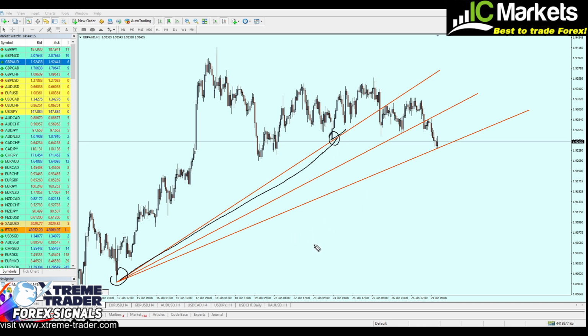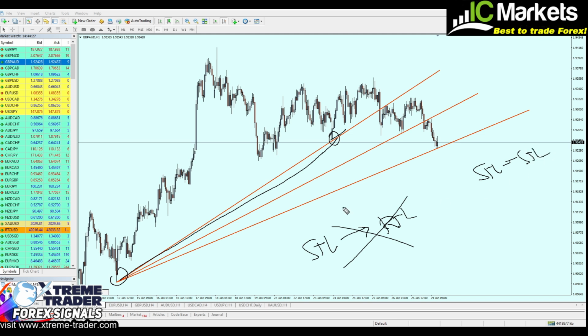We should never connect a support trend line to a resistance trend line. That is wrong. That's a wrong logic. You cannot do that. You have to always connect the support trend lines to each other. That's the reason I had to connect this level of support trend line to that support trend line right here.